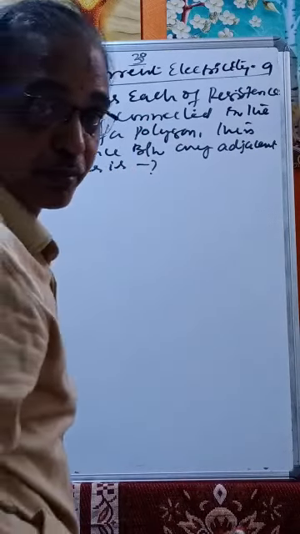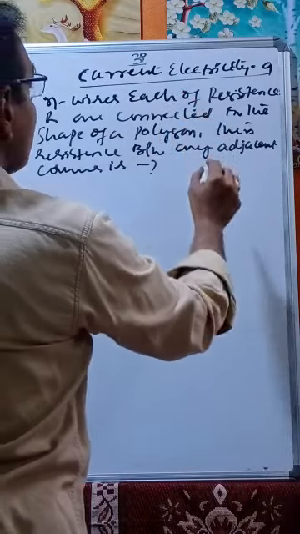This is the question: n wires, each of resistance R, in a polygon.